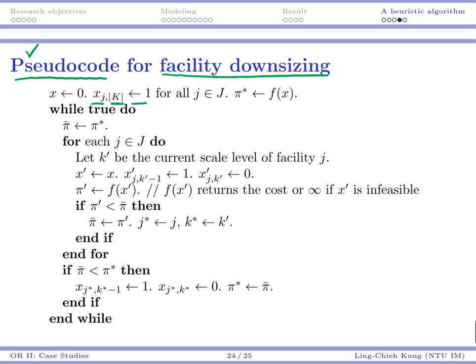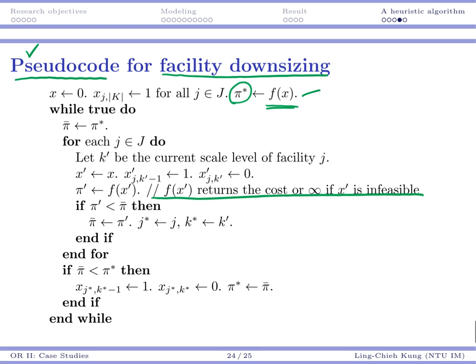So that means we open each facility at the largest scale level, okay? And then we also set pi star to be f of x. So what's that? f of x is the evaluation of a solution x. So x is something that corresponds to the cost for opening facilities in this way, okay?